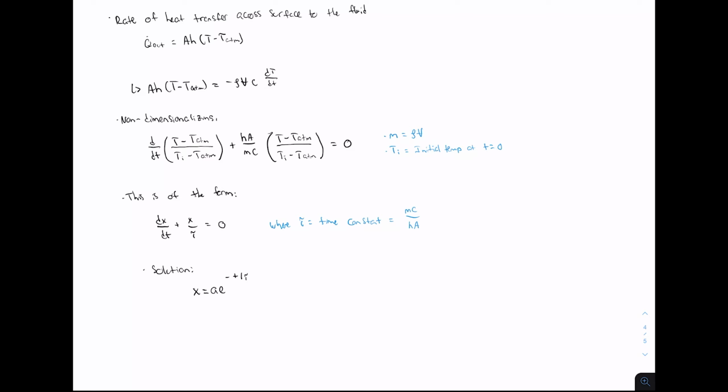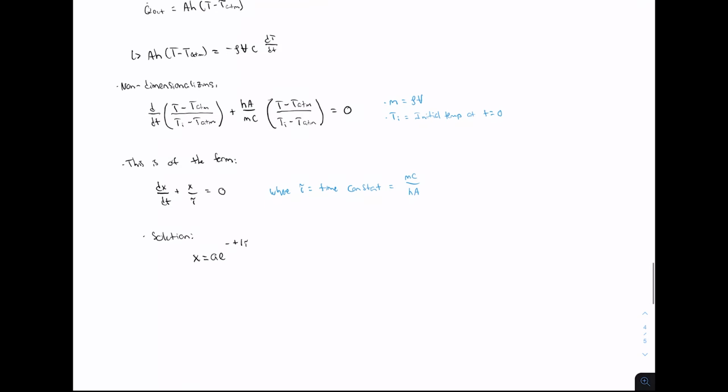And then we know from a class like 308 that the solution would be of the form x equals a times e to the minus t divided by tau. So we have an exponential here. And a is just a constant to satisfy our initial condition, and we can basically say that a just equals 1. So our solution is e to the minus t over tau.